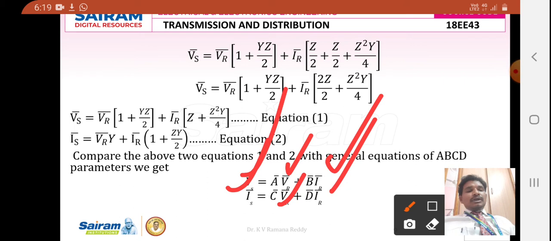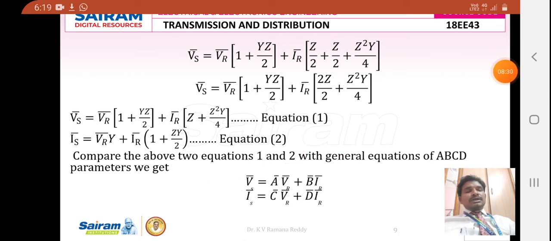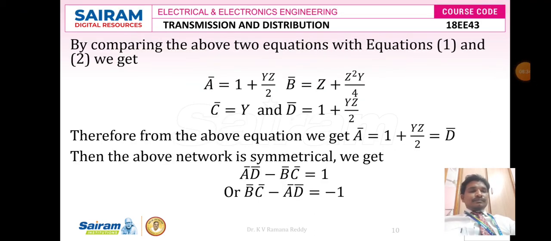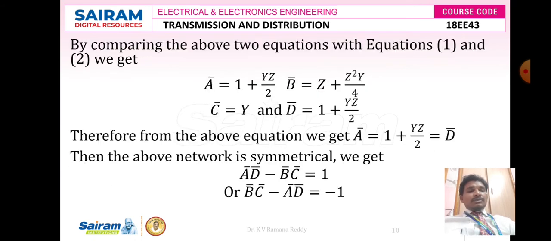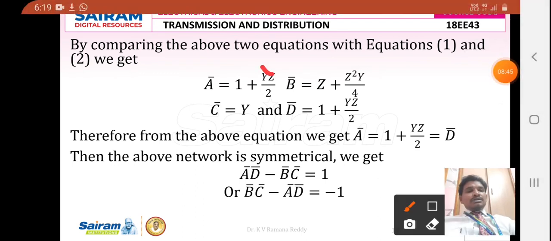Therefore Vs bar is equal to A into VR bar plus B into IR bar. Similarly, Is bar is equal to C into VR bar plus D into IR bar. By comparing these equations, I can define each parameter: A bar is equal to 1 + YZ/2, B bar is equal to Z + Z squared Y/4, C bar is equal to Y, and D bar is equal to 1 + YZ/2.